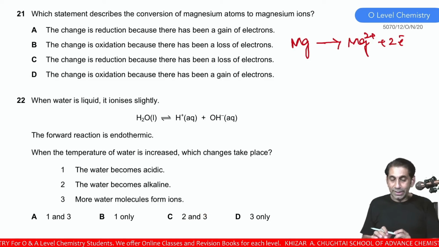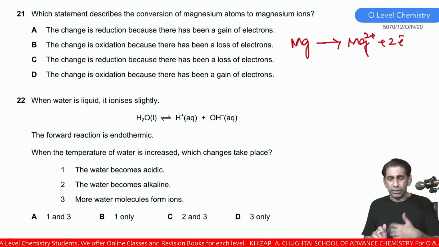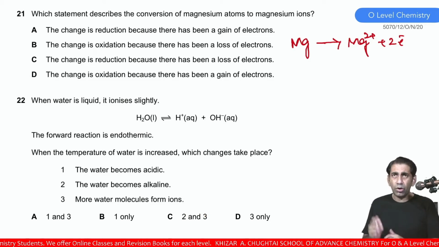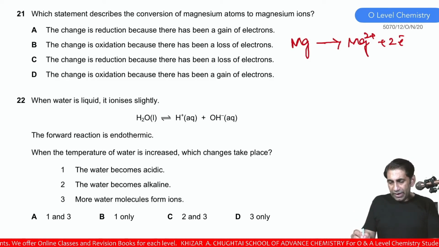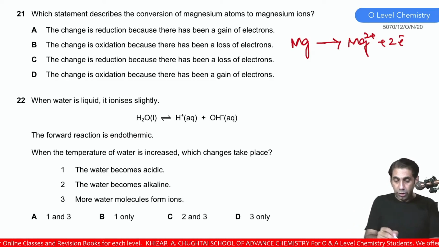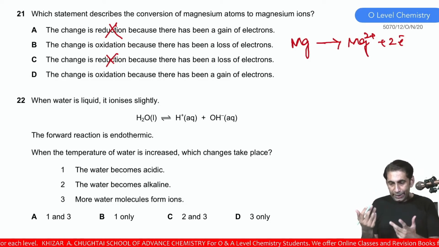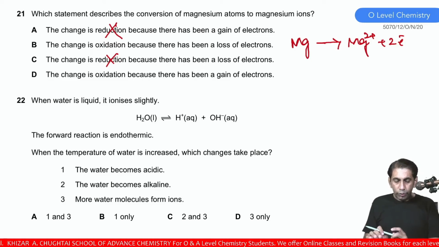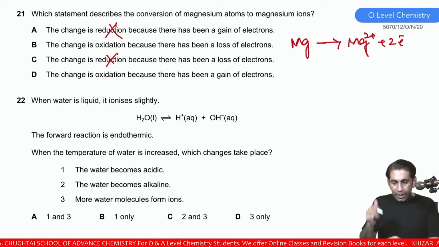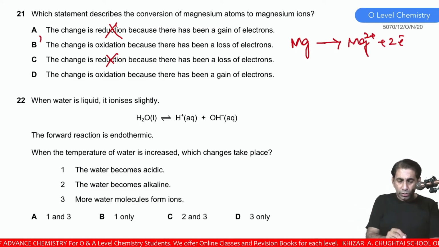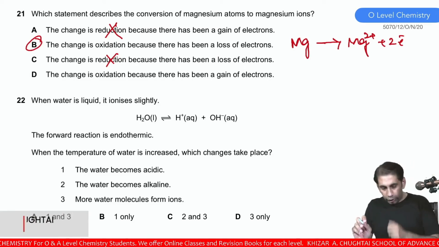Charge change is reduction because there has been a gain of electrons? No. It's a loss of electrons, so it must be oxidation. Not reduction. Options B and D may be the correct options. Coming to B: changes, oxidation because there is a loss of electrons. Yes, it is true. So B is the correct option.